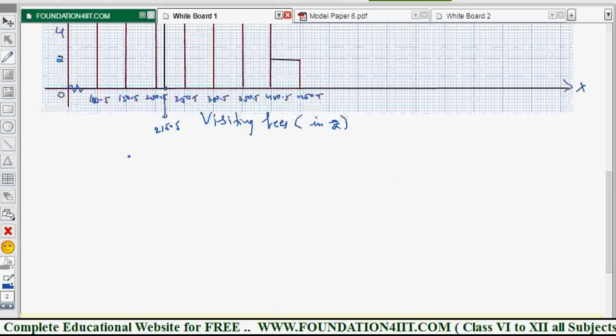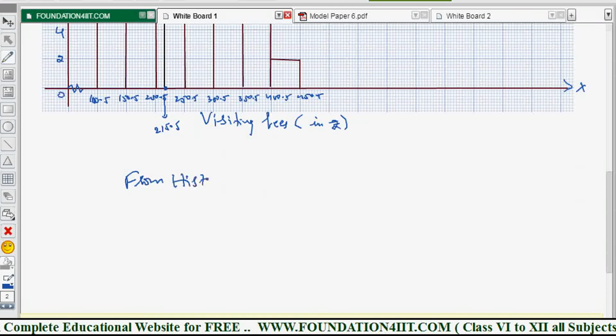So using this from histogram, mode value where it touches the x-axis, that is 215.5. So exactly after 10 points. So this is 200.5 next to 250.5. So in between two values you got.